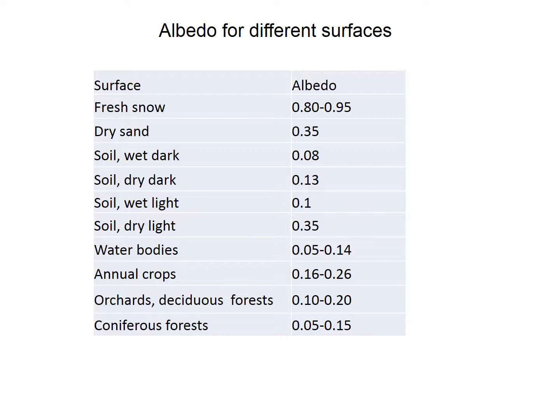Dark soils would be close to 0.1 of albedo, and water bodies also around 10%. Annual crops would range from 16 to 26%, and orchards would have lower albedos than annual crops and would range from 5% for coniferous forests to close to 20% for some deciduous forests.